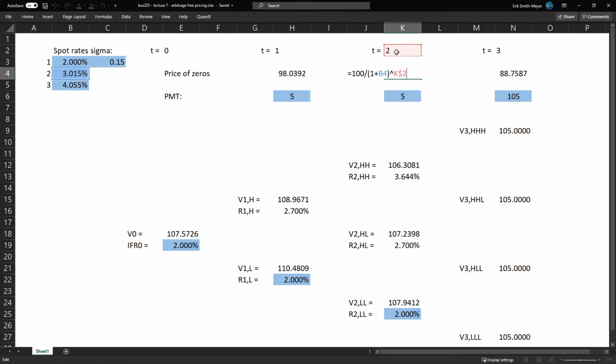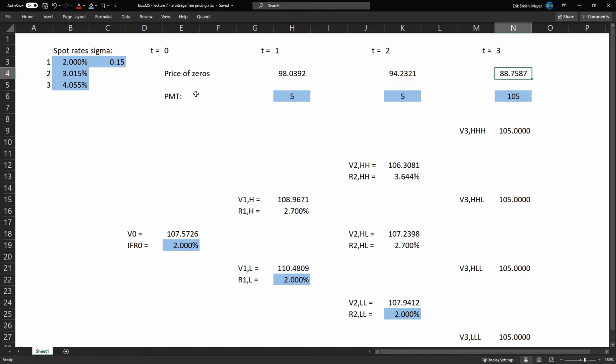And the 3-year bond has a future value of 100, and we use 1 plus the 3-year spot rate raised to the third power to get the present value, or the price, of that zero coupon bond.